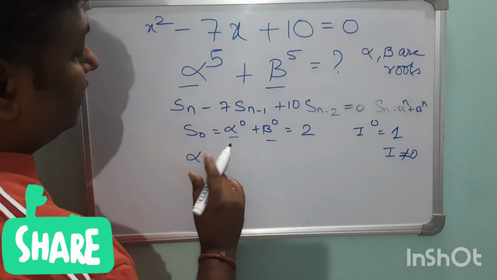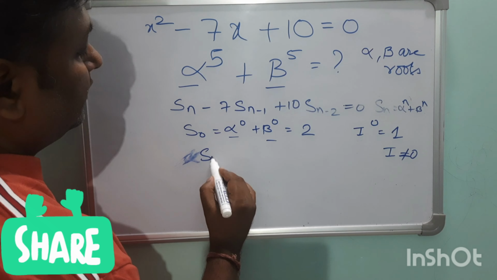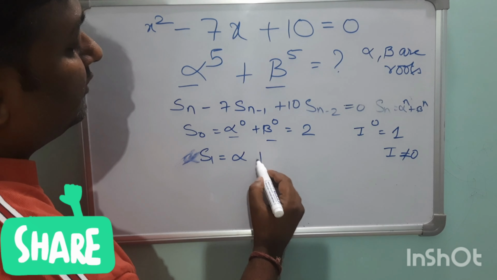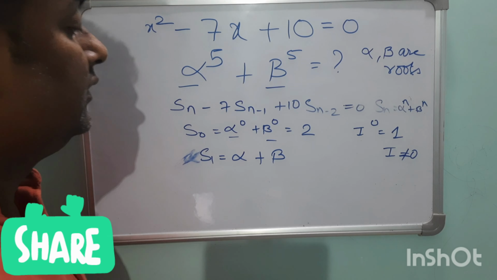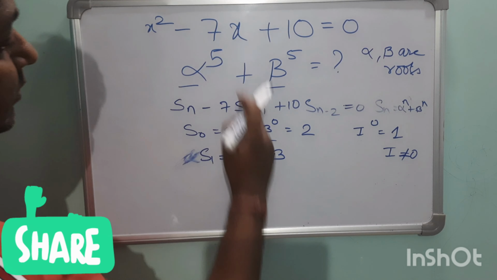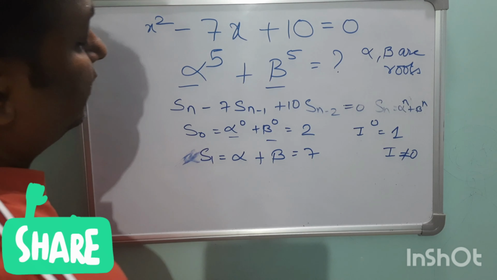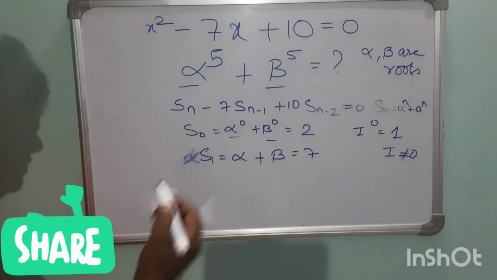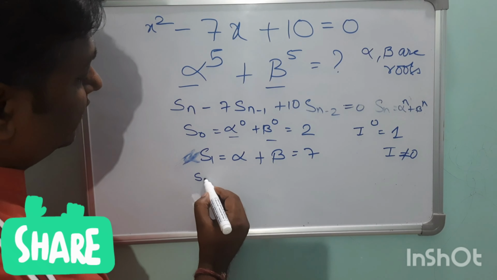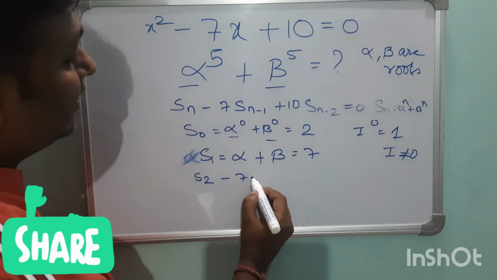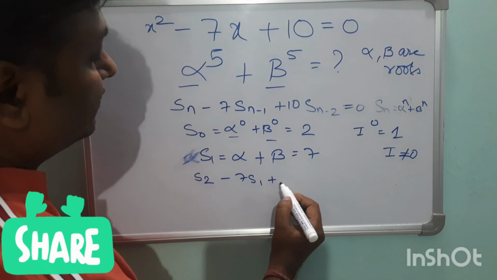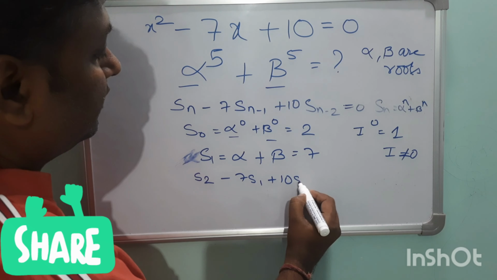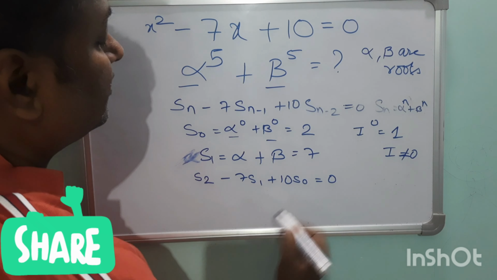So what will be S1? S1 will be alpha plus beta. We know that alpha plus beta is 7, given to us. So can we find out S2 using this one? Yes. If I put S2 here, S2 minus 7 S1 plus 10 times S0 gives 0.